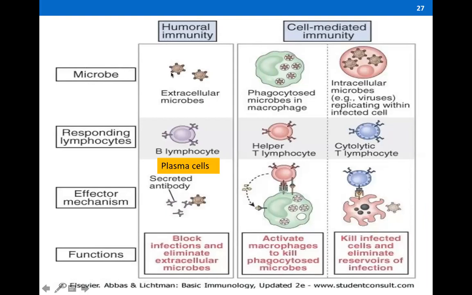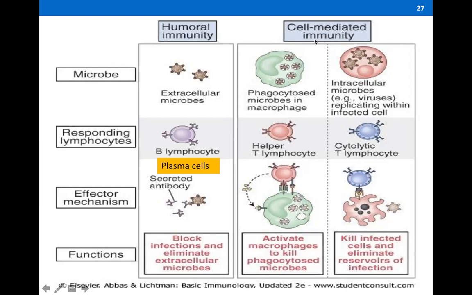enters our body, humoral immunity is involved if there are extracellular microbes, meaning they are not inside. That's the term extracellular. But when these microbes enter into macrophages, meaning there is a phagocytized microbe in the macrophages, or there are intracellular microbes such as viruses replicating already within the infected cells, you are at the cell-mediated immunity.